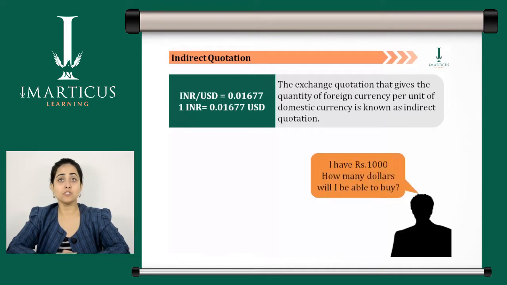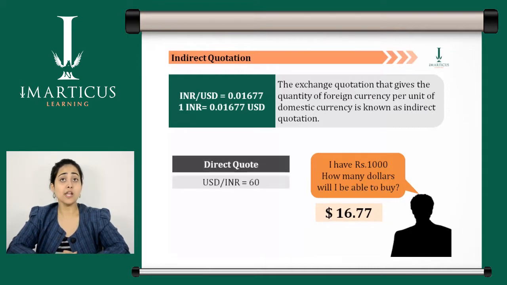So if I have Rs 1000, how many dollars will I be able to buy? I'll wait for 5 seconds for your answer. The answer is $16.67 if the price is $0.01667 for a rupee.